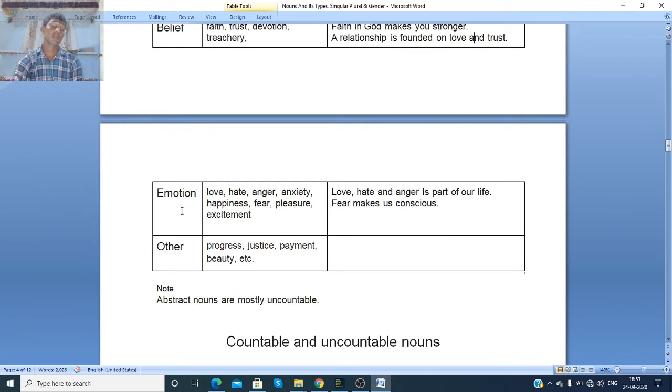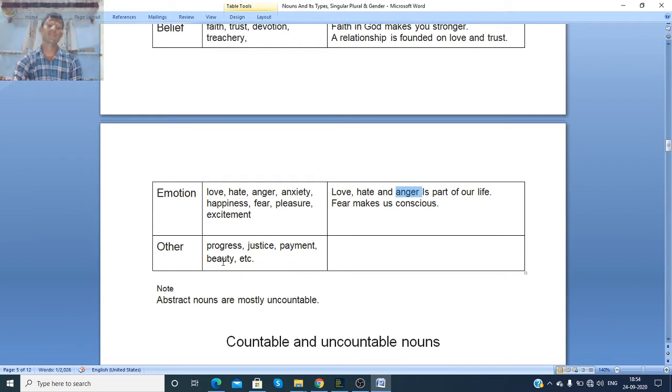And then examples of abstract nouns of emotions: love, hate, anger, anxiety, happiness, fear, pleasure, and excitement. Love, hate, anger are part of our life. So love, hate, and anger are abstract nouns. Fear makes us conscious. So fear is an abstract noun.